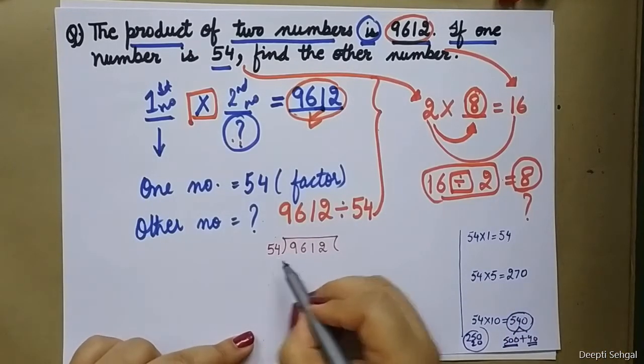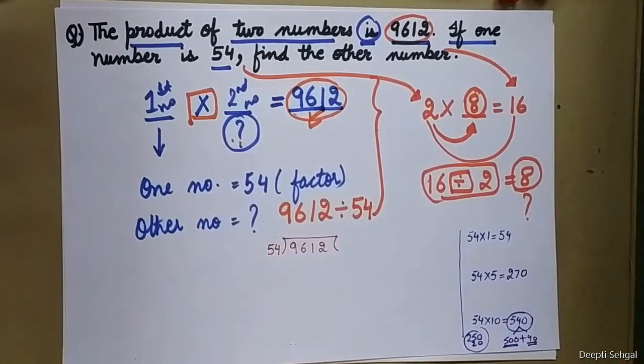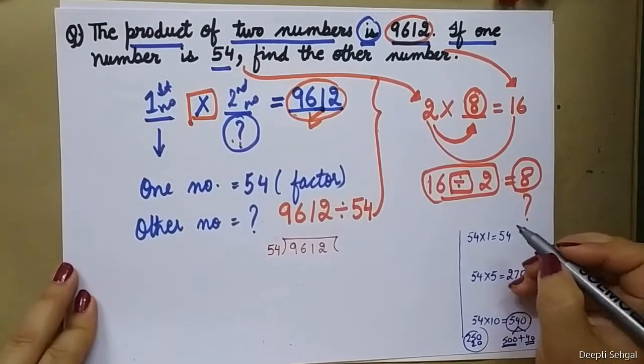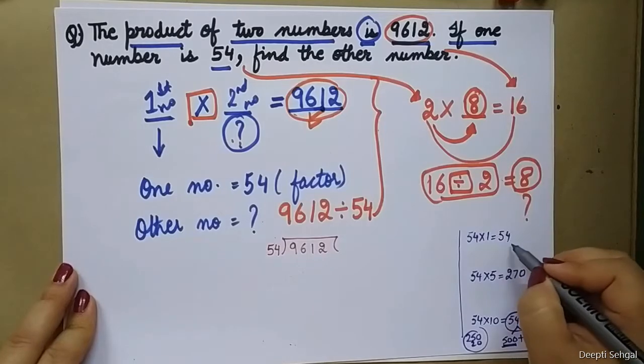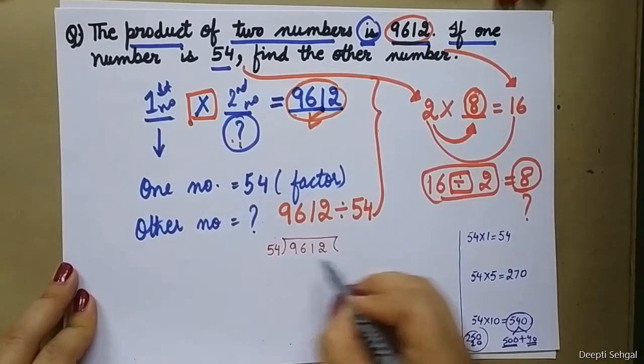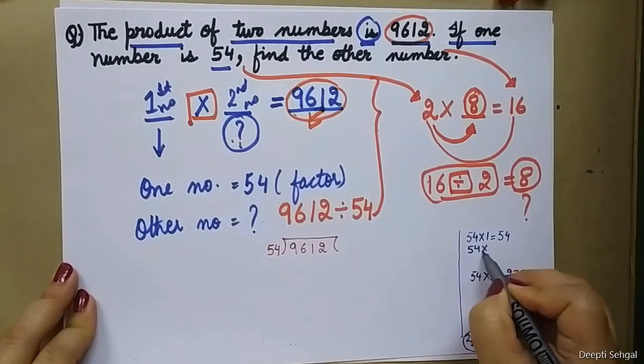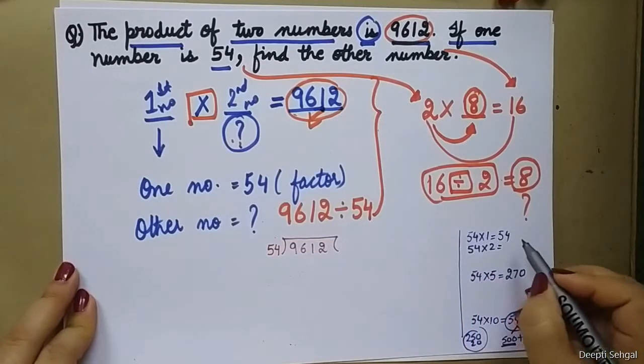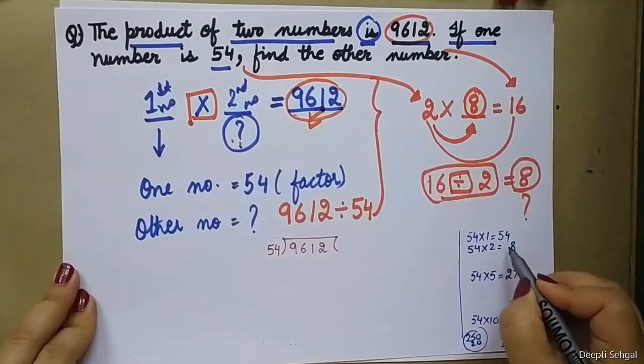Now 54 multiplied by 1 is 54. So it is near to here. We can find out 54 multiplied by 2. Double of 54. 4 plus 4, 8. 5 added to 5 is 10.